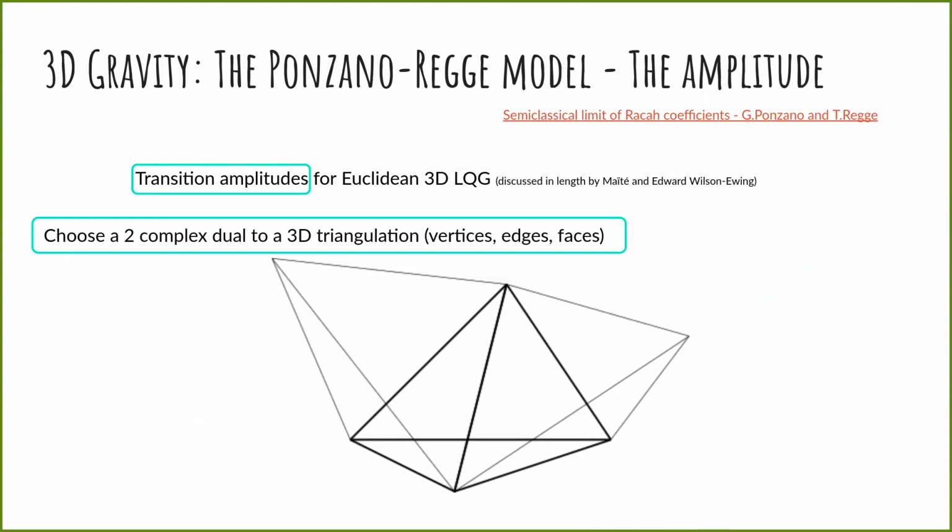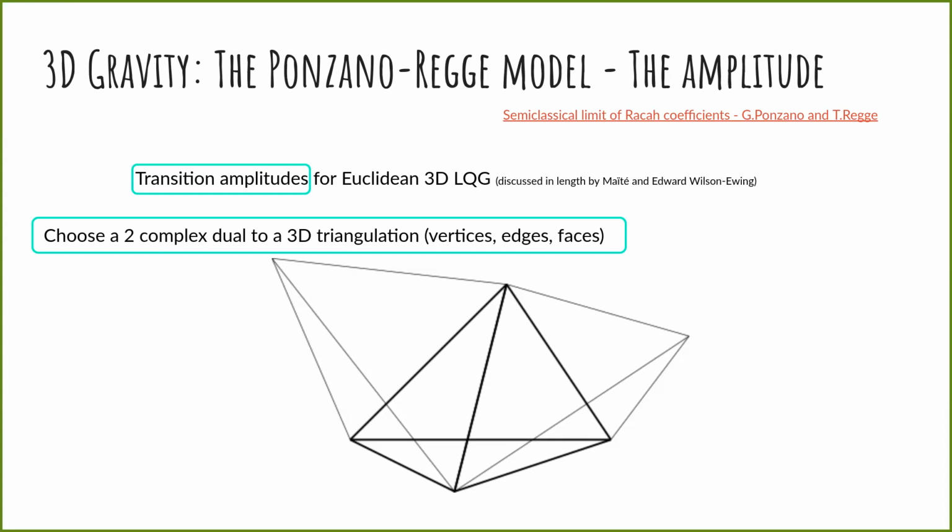So the Ponzano-Regge model gives you a recipe to compute transition amplitudes for 3D Euclidean loop quantum gravity. Now I want to spend at least ten minutes telling you how to write and build these amplitudes. First of all, choose a 2-complex dual to a 3D triangulation.